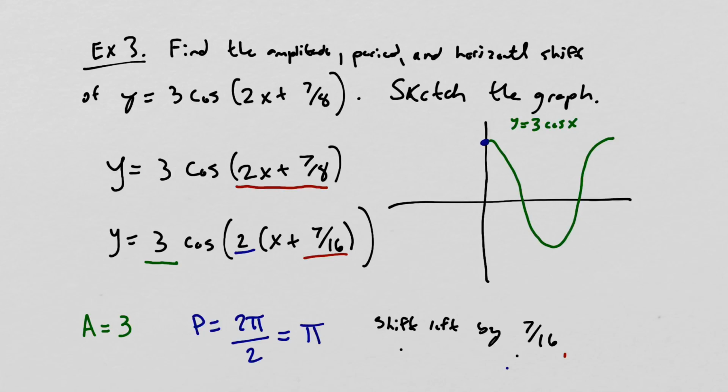So we'll take this, and it will be done in half. And then finally, our black curve will be the complete function, y is equal to 3 cosine of 2 times x plus 7 divided by 16. We're just going to shift the blue curve over by 7 divided by 16 units. And this black curve is going to be the sketch of our graph.